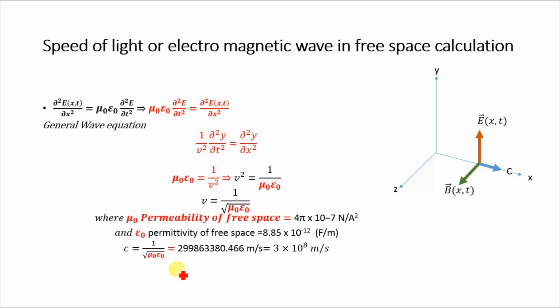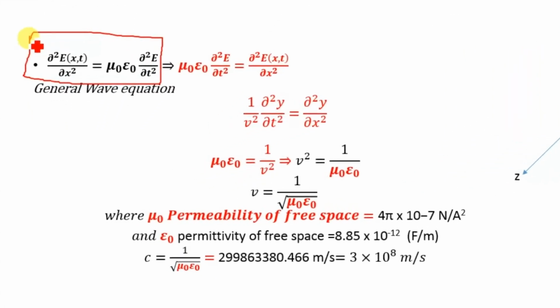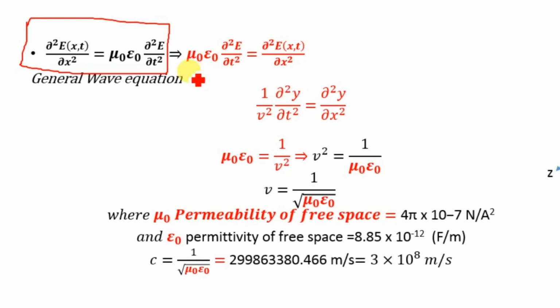Now this equation which we have derived, we will compare with the general wave equation. Rearranging, we can write it as mu naught epsilon naught ∂²/∂t² of electric field is equal to ∂²/∂x² of the electric field.